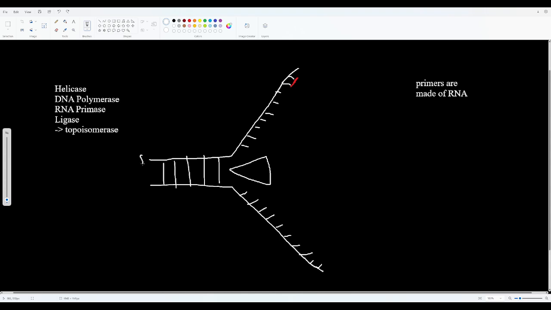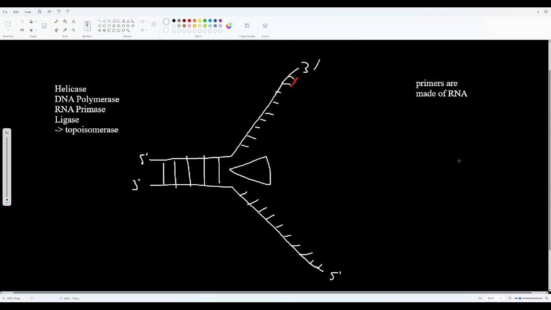We have the 5' side here and then the 3' side here, and then the 3' side here and the 5' here. The reason why we draw these 5', 3' is because DNA runs anti-parallel. So we have one going this way, one going this way.